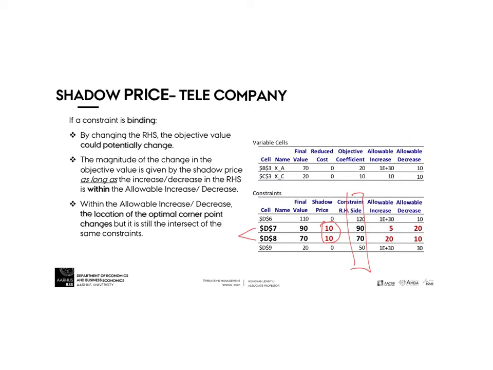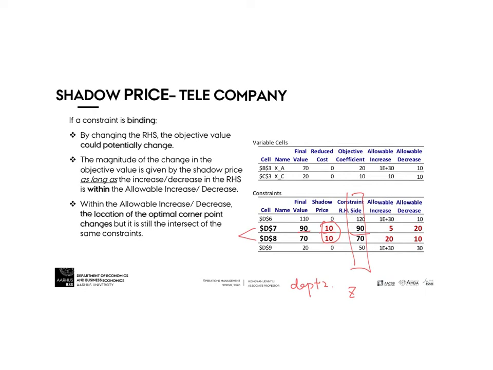You have 90 units of production hours in department 2, and you use all these production hours up. The shadow price of 10 means that if you would like to invest in extra capacity, you have the potential to increase the optimal value of your contribution margin.